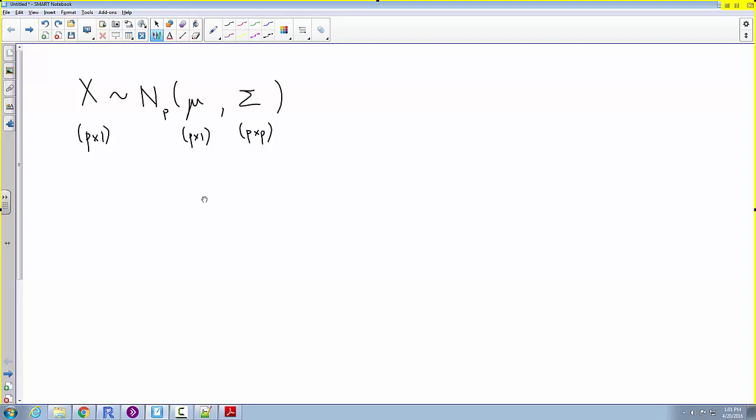There's different ways to estimate things, but MLEs are usually wonderful. The maximum likelihood estimator is what you would think it would be.